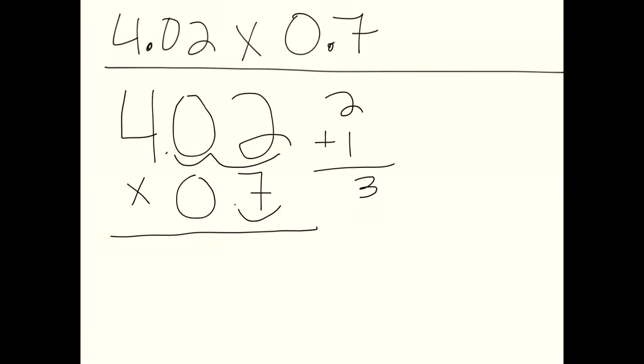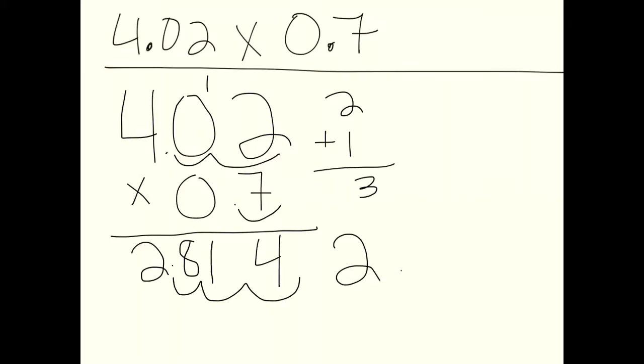First, you multiply 7 times 2, be 14. 7 times 0 is 0, plus 1. 7 times 4 is 28. And then you add in the decimal. So it would be 1, 2, 3 times. So the decimal would go there, and your answer would be 2.814. That's your answer.